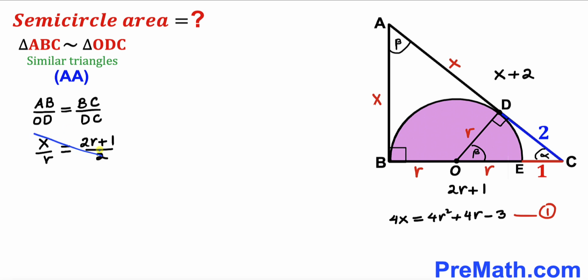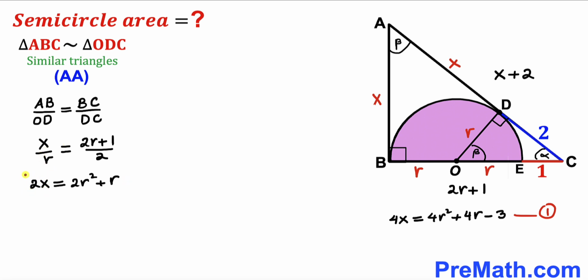Let's go ahead and cross multiply. So we are going to have 2 times x equal to 2r square plus r. Now let's focus on equation 1. We got 4x on the left hand side, and for this equation, we got 2x on the left hand side.